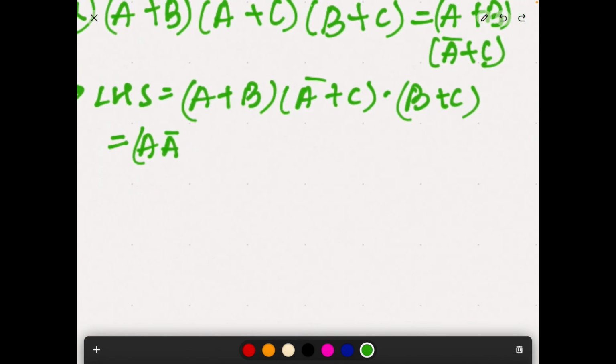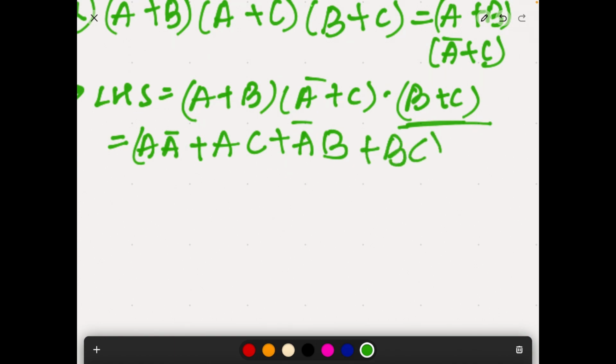I have to write it like this. This bracket, B plus C, we are keeping as it is, meaning we are not touching it. And so this is going to be A bar B, see, I used the commutative law here, plus BC, and then you have got B plus C.